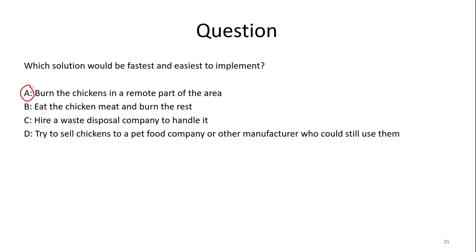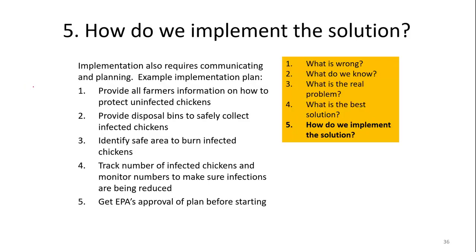How would we implement this solution? Well, implementation requires a lot of communication and planning. So here's one possible example. First, we probably need to communicate to all the chicken farms and give them instructions about how to protect their chickens.